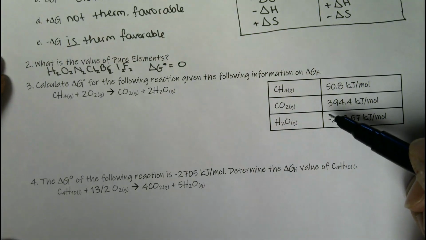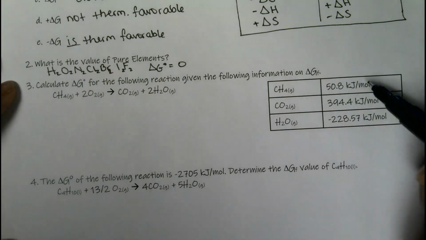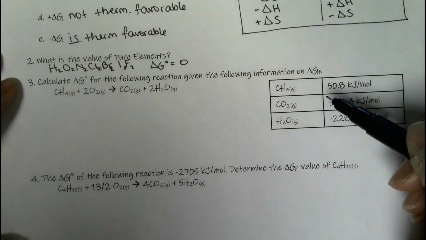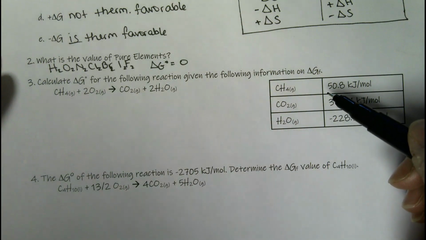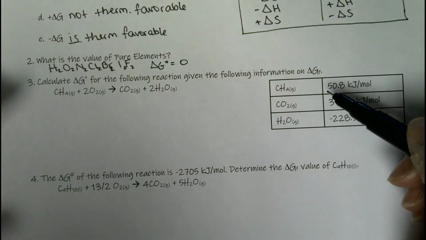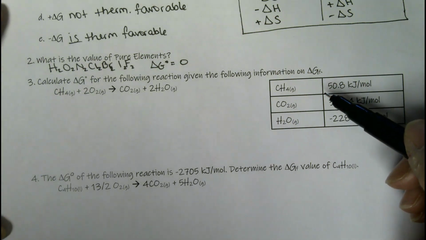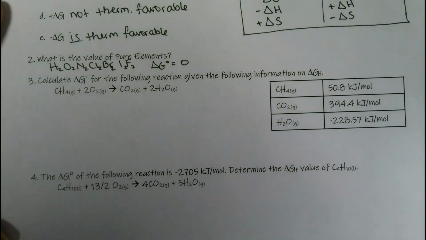Number 3 is having us calculate the delta G for the following reactions, giving the information for each individual component. You've seen this a bunch of times before, and this is actually going to be the same thing as delta H and what you've seen for delta S, products minus reactants.